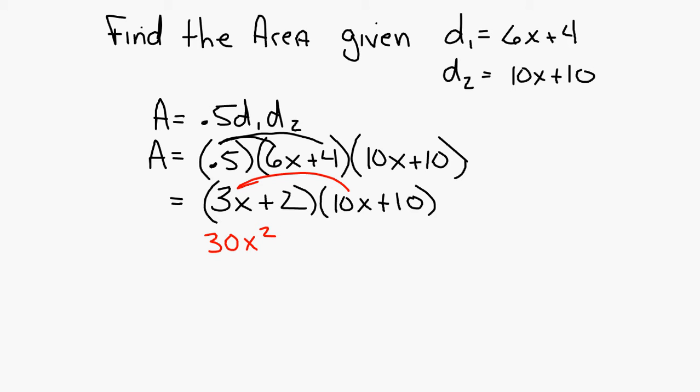Then take the 3x and multiply it by the 10, and that's positive 30x. You do the same thing with the 2. Positive 2 times 10x is positive 20x, and positive 2 times 10 is positive 20.